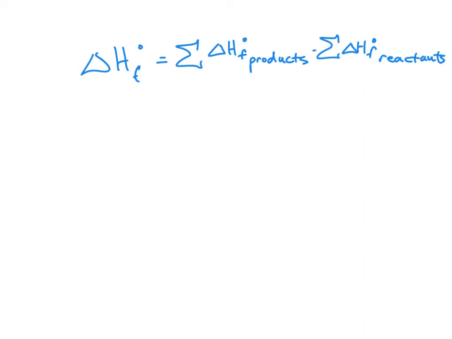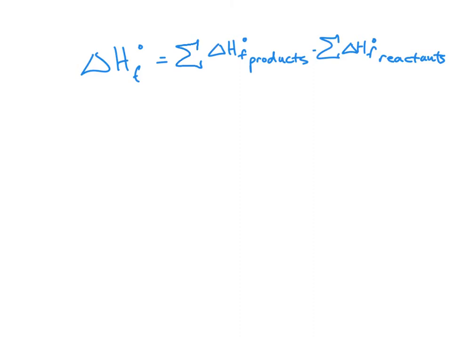Okay, and so this symbol right here, sigma, means the sum of all of the things that fit in that little group of things. So you look at a chemical reaction and you decide which of these products have an enthalpy change, heat of formation.